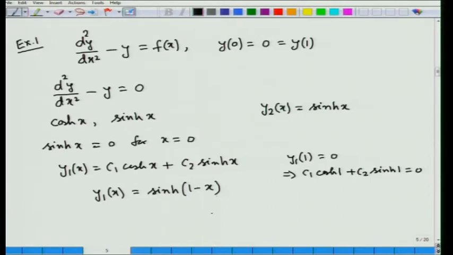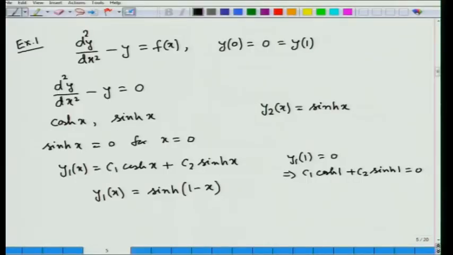And of course, by the method of Wronskian you can verify these two solutions, that is sinh x and sinh(1 minus x), are actually two linearly independent solutions of the homogeneous equation.